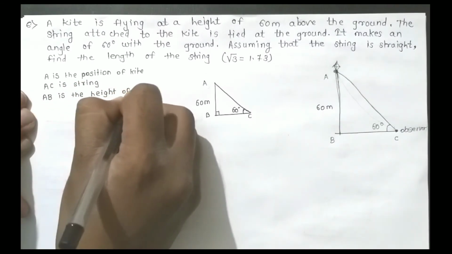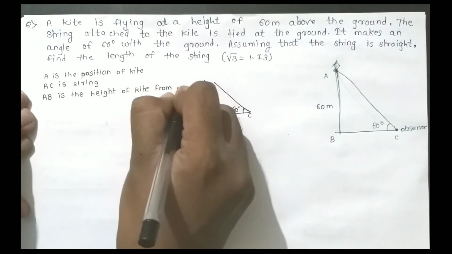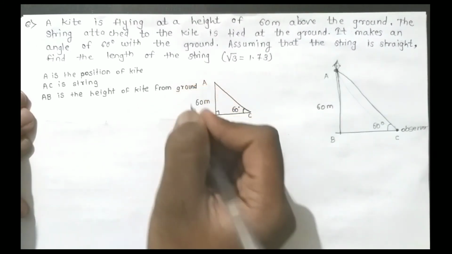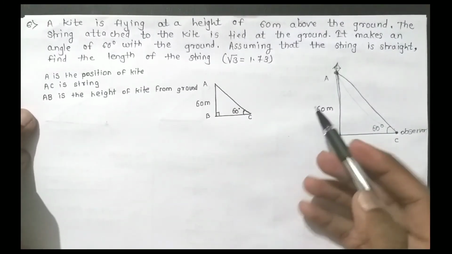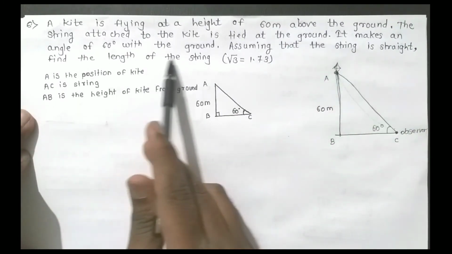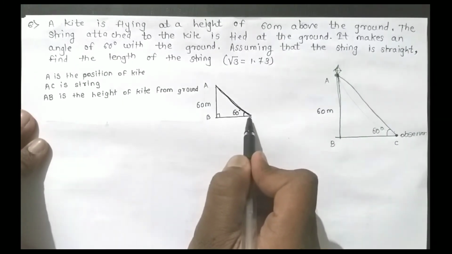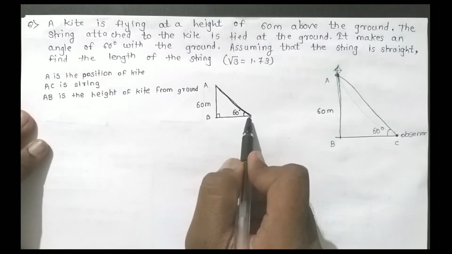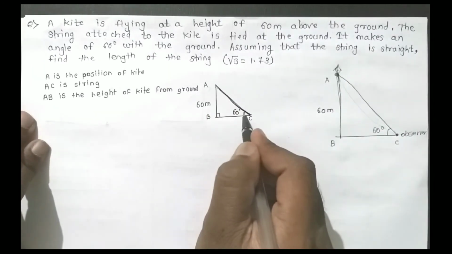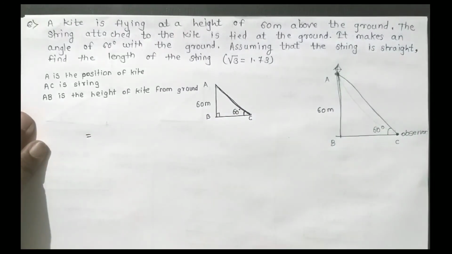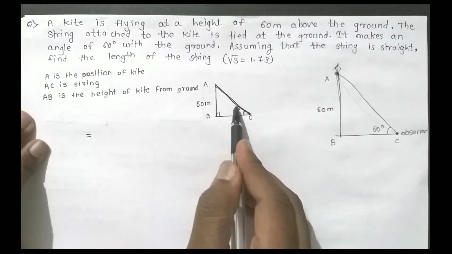AB is the height of the kite from ground. So what we find? Assuming that string is straight, find the length of string. Length of string, that is we have to find AC. So we know the opposite side of the theta, and we have to find hypotenuse.